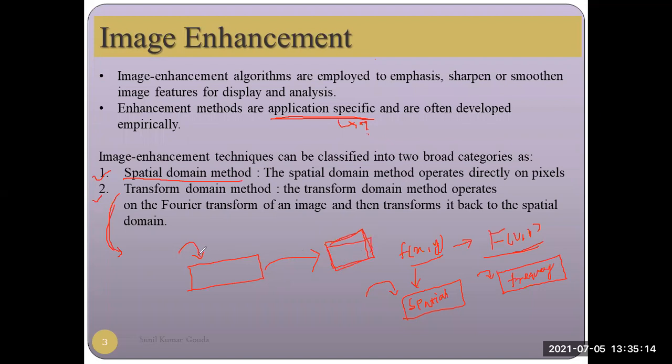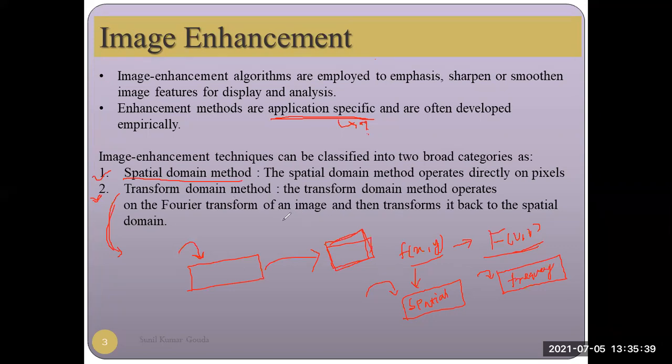So, things to remember here. The point to be concluded in this slide is that the image enhancement technique can be used in two different types of domain. One is the spatial domain and the second is the transformation domain, that is the Fourier transformation or frequency domain.